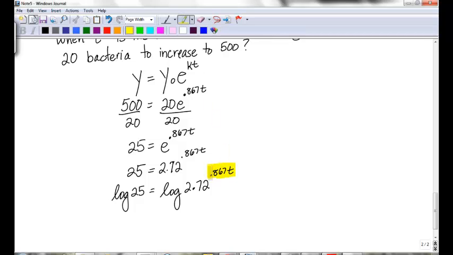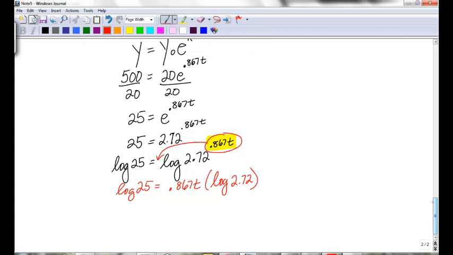Third law of logarithms says this goes out front. So you have the log of 25 equals 0.867t times the log of 2.72. And I'm solving for t, so I'm going to divide by the log of 2.72 on both sides.